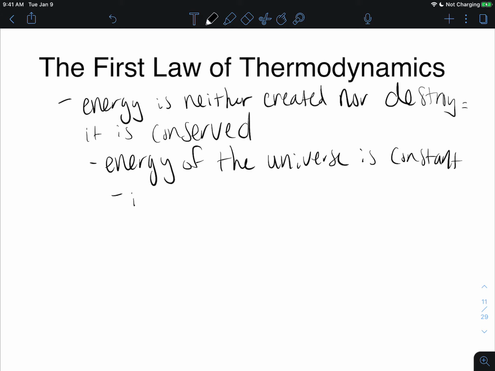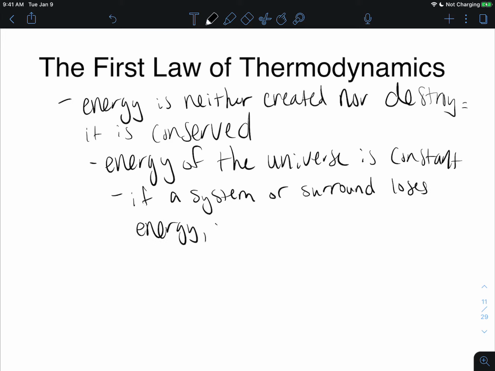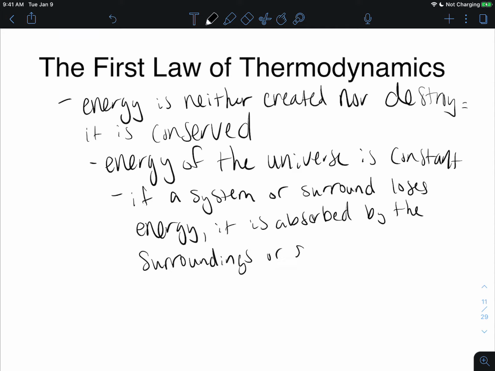That being said, if a system or surrounding loses energy, it is absorbed by the surroundings or system, respectively.